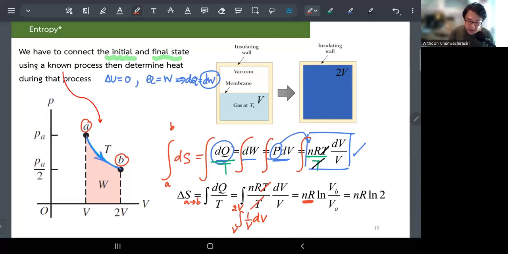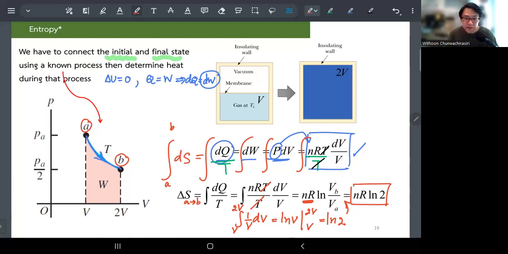So if you start from V, you're going to end up with 2V. So this one is going to give log of V, you put V final over V initial. So it's log 2 right there. Cool. And that's it, guys. It's nR log 2. That is the change of the entropy going from A to B.